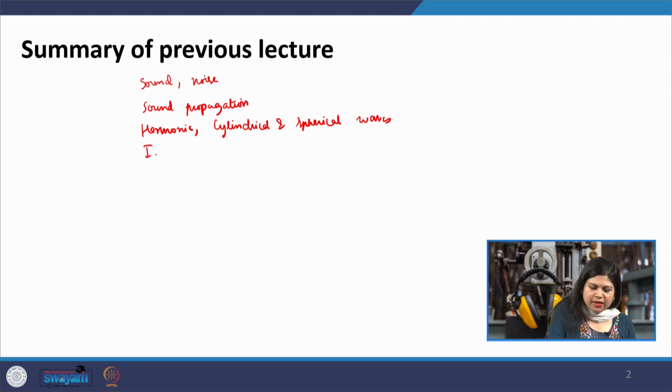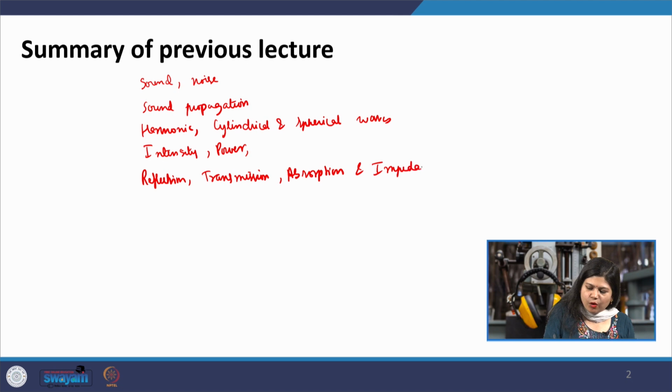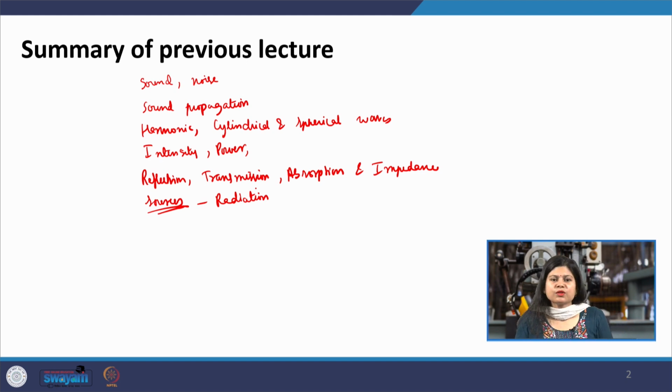Then some concepts like intensity, power and reflection, transmission, absorption and impedance. Overall, to sum up, some acoustical sources and their radiation we have also discussed. So, overall how sound wave propagates.